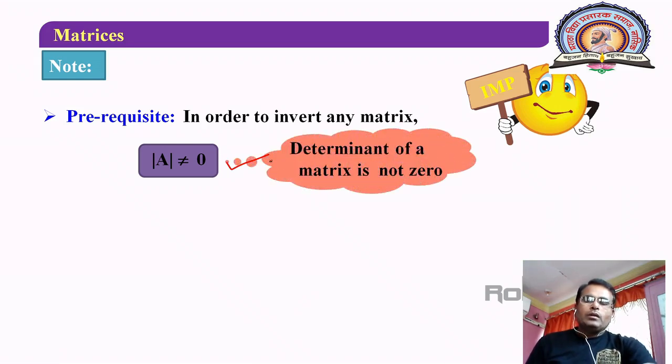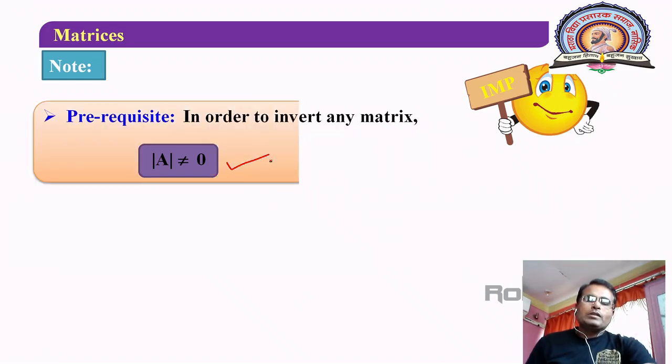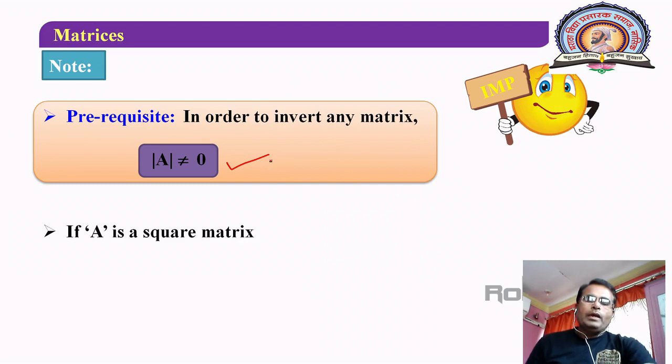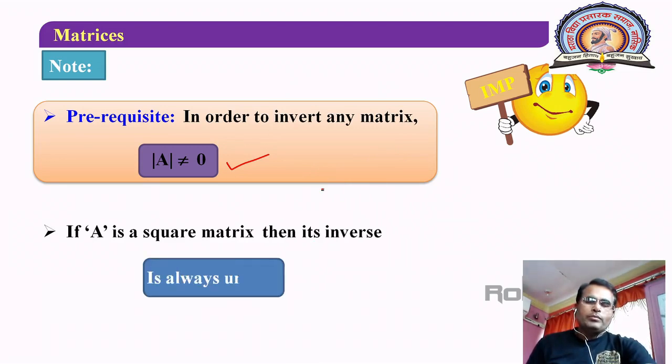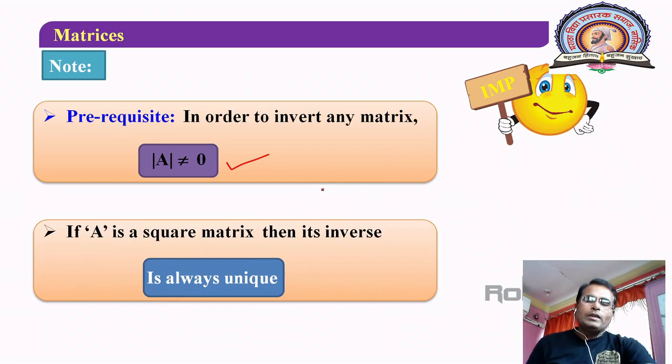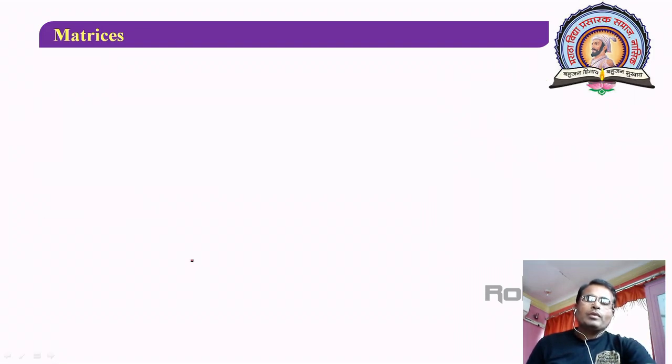Next, if A is a square matrix with determinant of A not equal to 0, then its inverse, matrix B, is always unique. Whatever matrix A is given to you, its inverse, if considered as matrix B, is always unique. So there exists a unique inverse for the matrix.